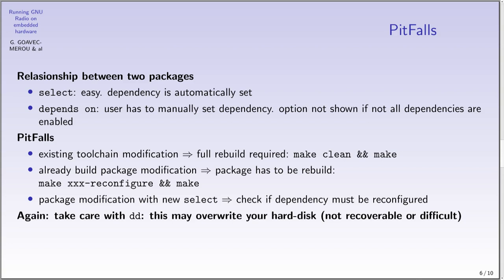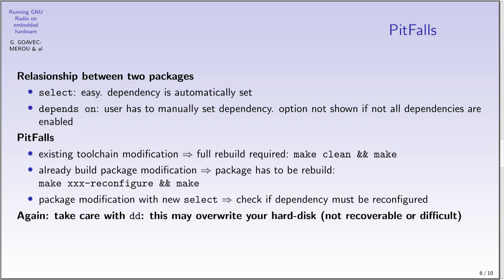The last one is when you select a package with select for another as a dependency. It's better to check if this is a sub option of a package or a new package, because a sub option is the same problem as the second point. An important thing to flash your SD card.